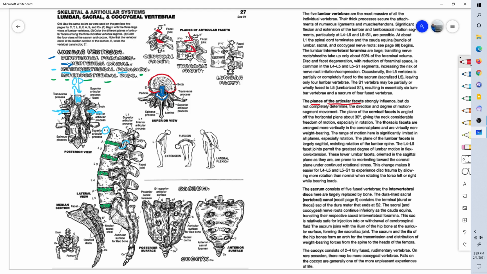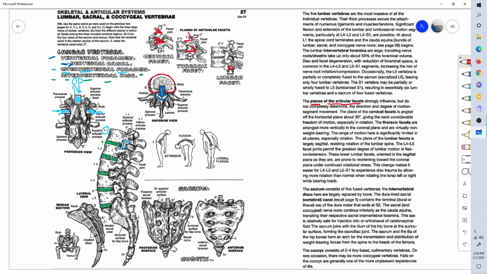It's more open. These facets are more closed off. Cervical facets, more acute, flatter, or more horizontal. And the thoracic facets, as you notice, are more vertical. And even more vertical are the lumbar facets. They're almost straight up and down.